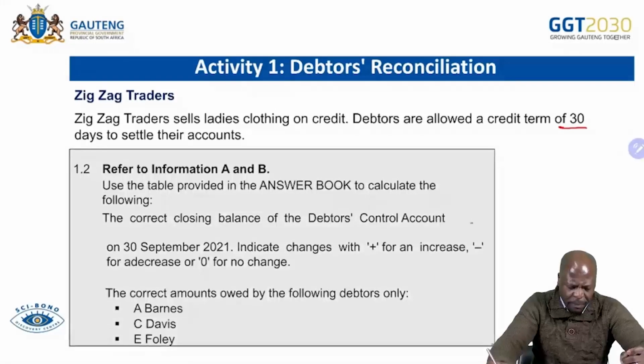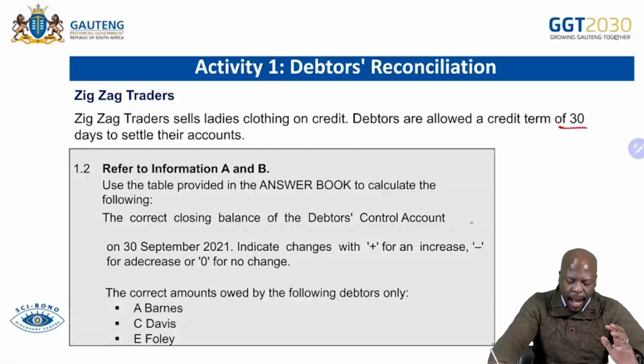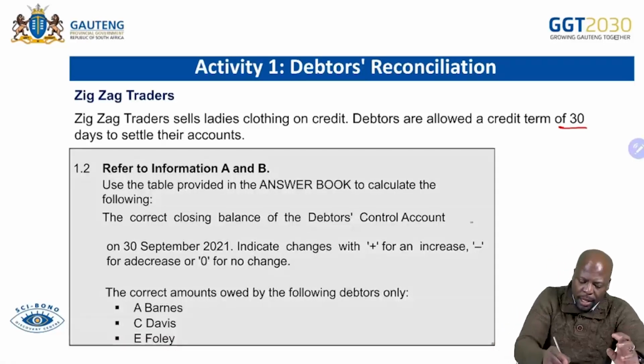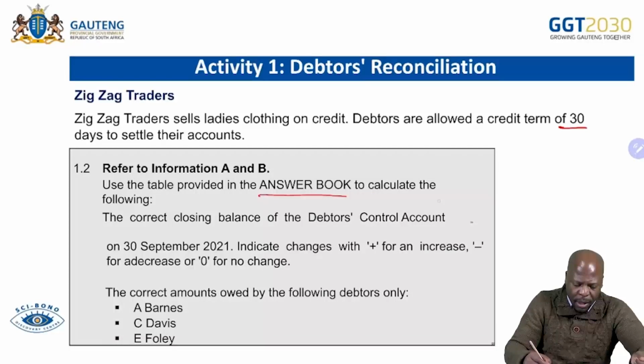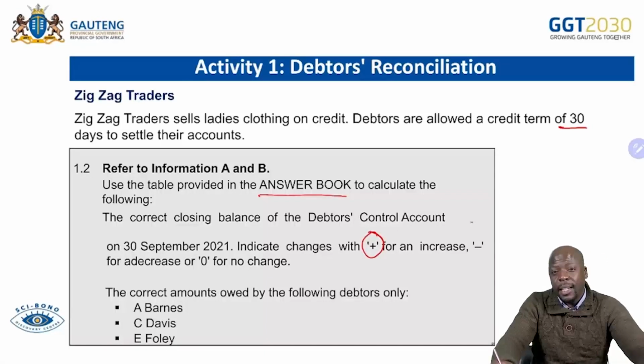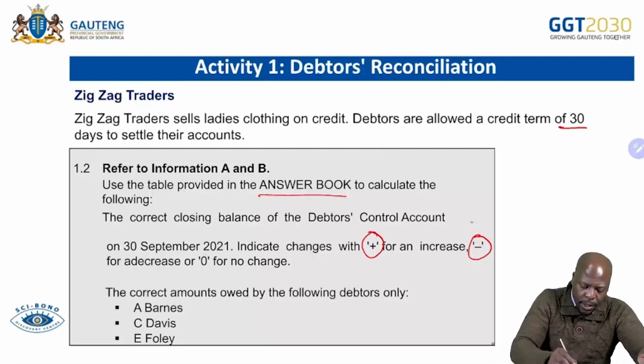Let's see what else they say. 1.2, refer to information A and B. Use the table provided in the answer book to calculate the following. Okay, so there is an answer book which is already provided, and we're going to do our calculations there. The correct closing balance of the debtors control account on 30 September 2021, indicate changes with a plus. Remember, a plus simply means you are adding, for an increase, and then a minus for a decrease, or 0 for no change.